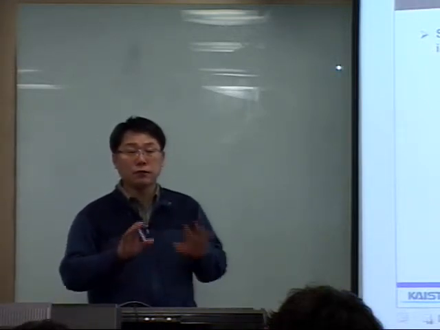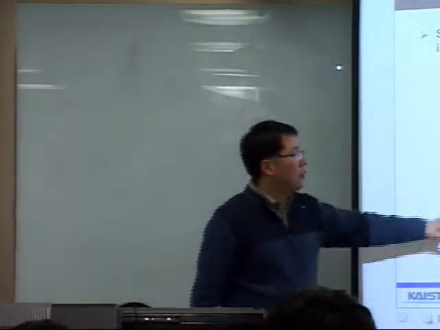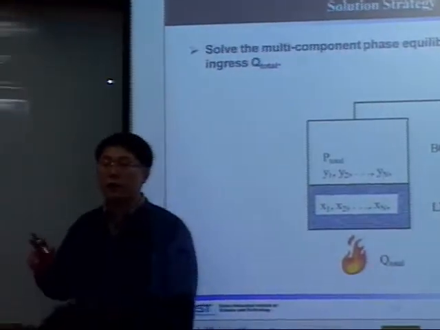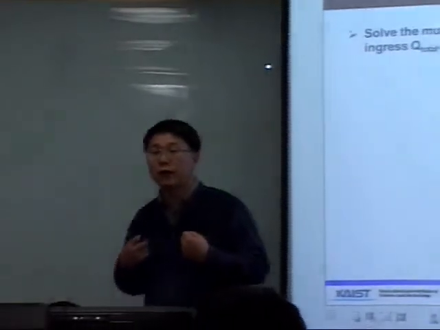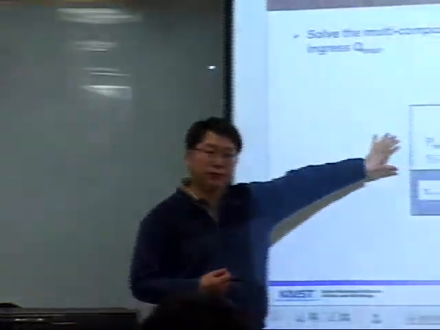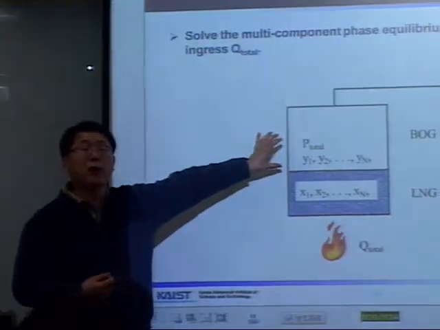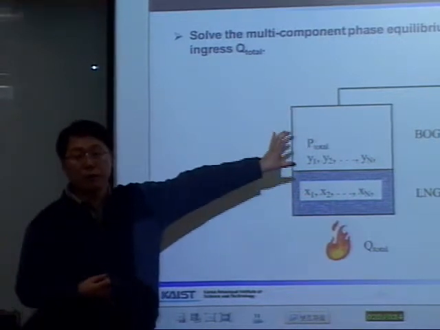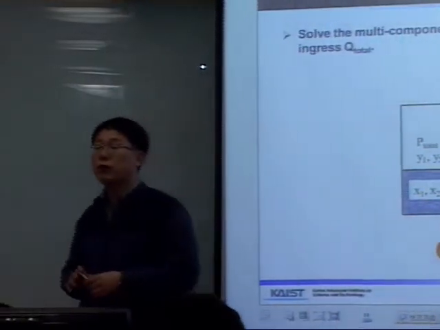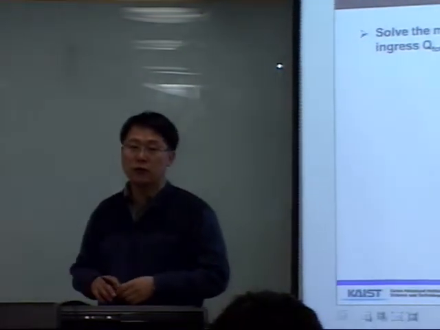So you input the composition of LNG, and if you set the temperature, then you can get the pressure, the vapor fraction, and the vapor composition. Vapor means in this case VOC, so we can know the VOC composition.